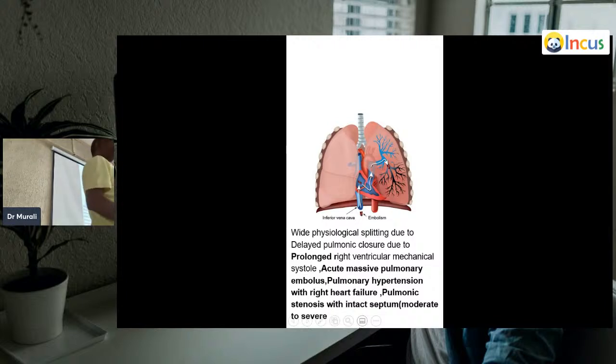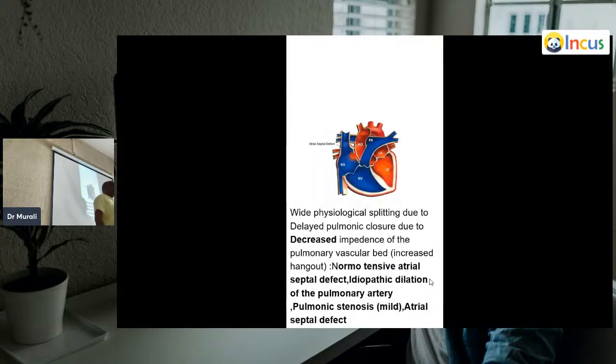Any delay of the P2 will lead to reversible splitting or physiological widening. So any massive pulmonary embolism, pulmonary hypertension, or any pulmonic stenosis, any of them will cause the delaying of the right ventricular systolic activity, and that leads to the delay of the pulmonic valve closure, and that leads to the development of a wide physiological splitting.